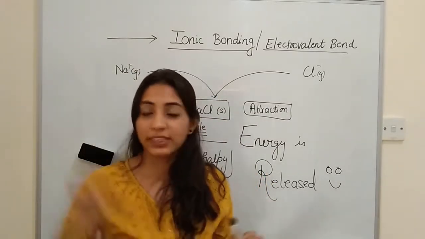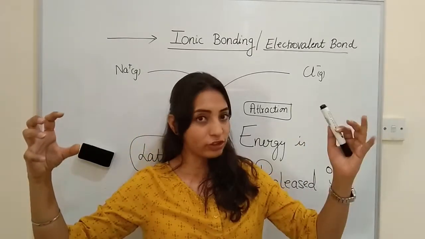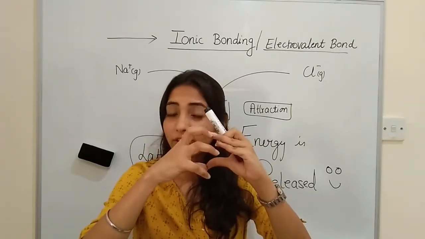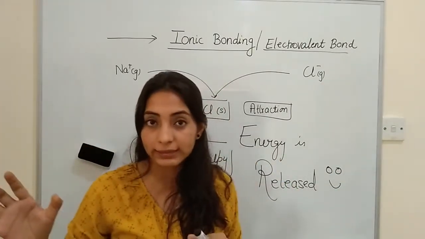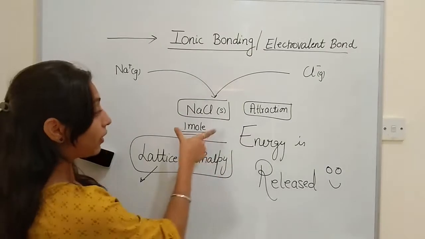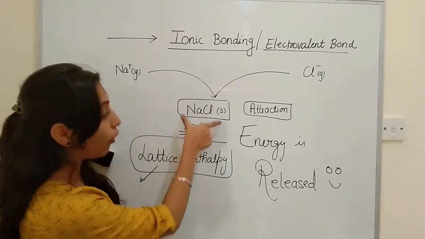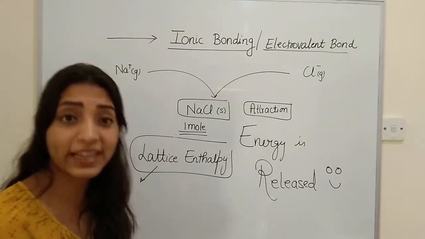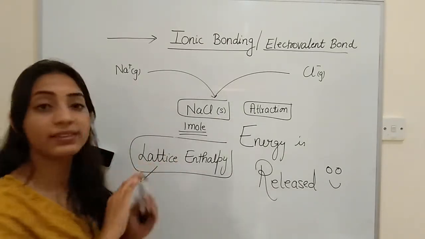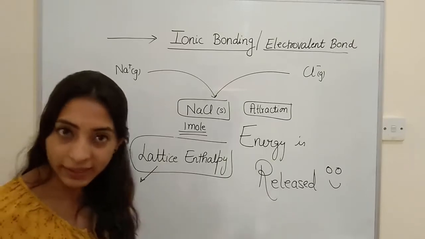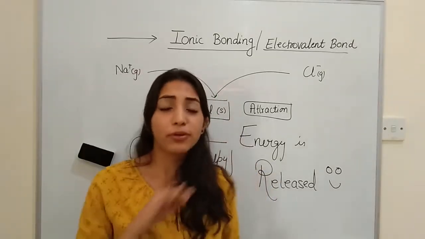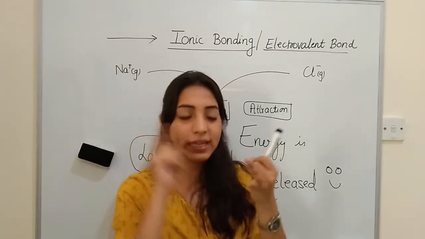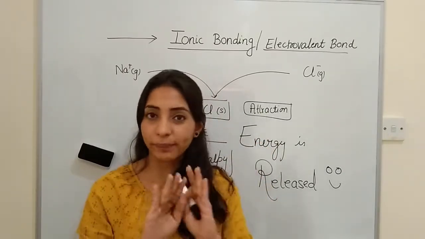So what I tried to say is when gaseous cation and gaseous anion were coming close to each other, as soon as they joined with each other, lots of energy was released. But you have to remember, I am talking about 1 mole of the ionic compound in the solid state. And this energy so released is termed as lattice enthalpy. Done? So I hope at this point of time you are okay with the 3 definitions: ionization energy, electron gain enthalpy and lattice enthalpy. Done?